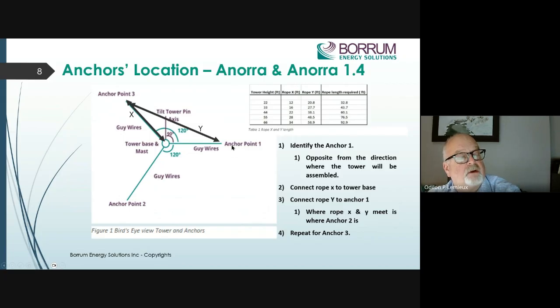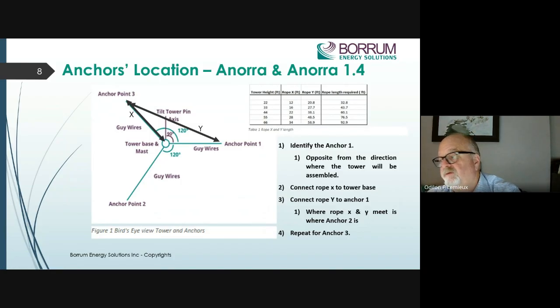So if you have anchor one set, then you connect rope Y to anchor one, and you connect rope X to the base of the tower. And where the two ropes connect in your hands is where the anchor is going to be.